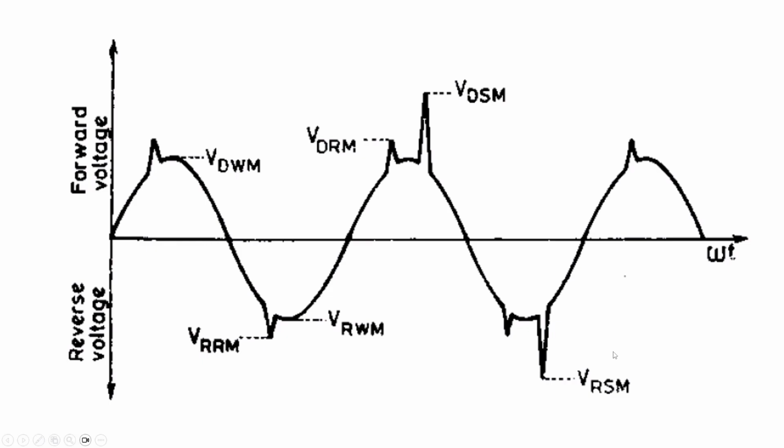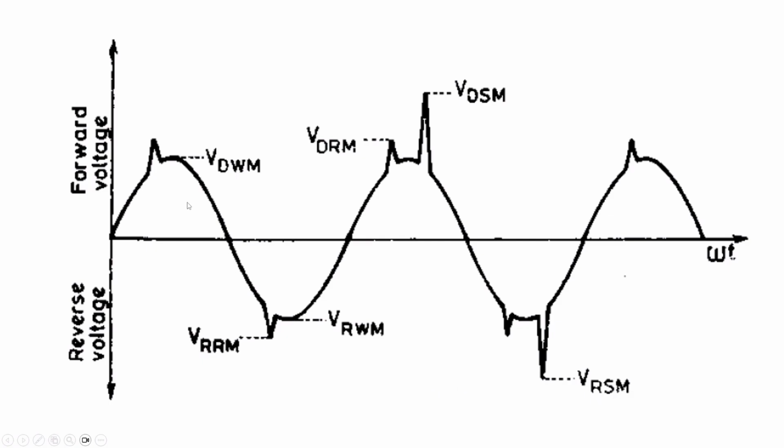So there are five or six types of different voltage ratings. So let's name it. So first is VDWM, VRRM, VRWM, VDRM, VDSM, VRSM. Okay.